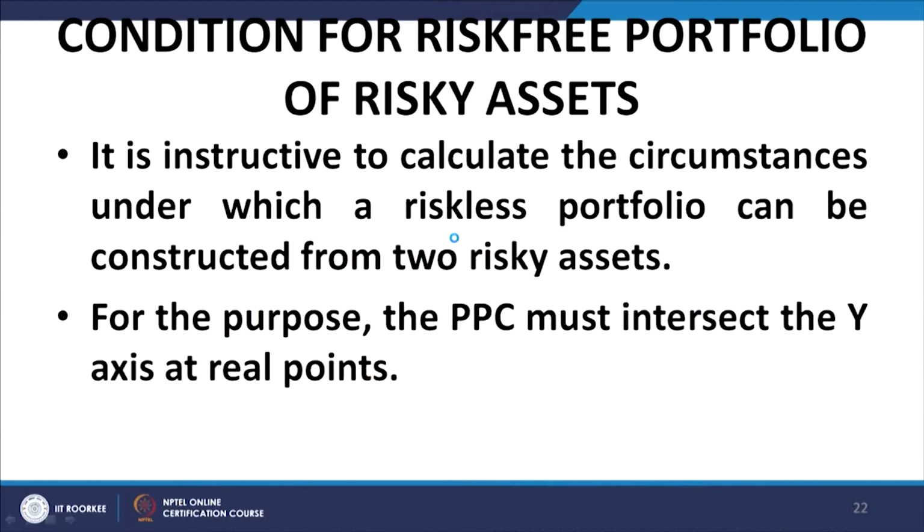Now, the condition for a risk free portfolio of risky assets. Let us explicitly derive the condition when two risky securities could be combined to form a risk free asset. So, how do we do it? For this purpose, what should happen? The portfolio possibilities curve, the hyperbola of equation 14, must intersect the y axis at one or more real points, because the intersection of the portfolio possibilities curve with the y axis gives us the points at which the risk is 0.